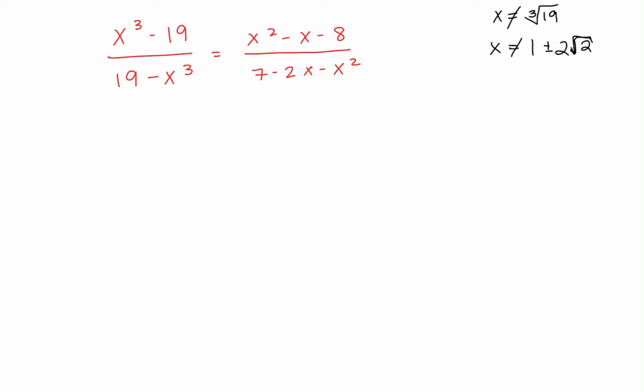Okay, now I'm going to keep going with the factoring and the solving. I can see that this is something that will cancel out, so I won't want to bother with multiplying by a common denominator. I'm going to want to cancel those out first, so I'm multiplying by smaller polynomials. So if I keep x cubed minus 19 on the top, if I factor out a negative 1 on the bottom, I will have x cubed minus 19.